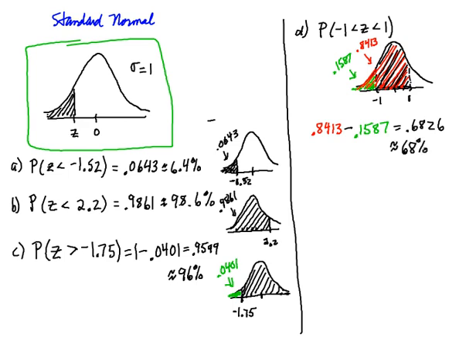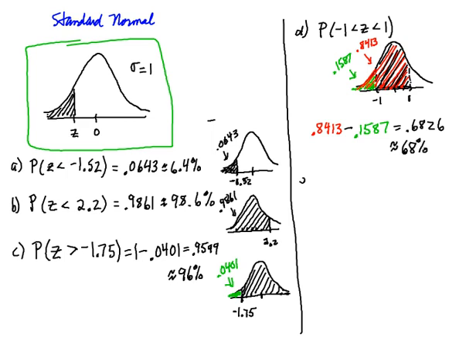So what we've calculated here is that approximately 68% of the values in a normally distributed data set will be within one standard deviation of the mean. So this is what the empirical rule said. The standard normal distribution is the set of z-scores. So it's really an extension, a refinement of the empirical rule.